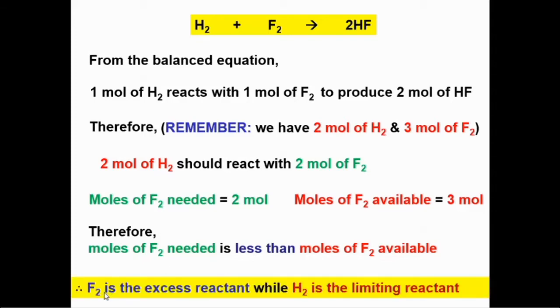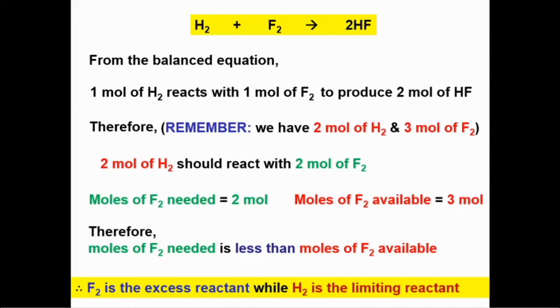So fluorine is the excess reactant, while hydrogen is the limiting reactant. At the end of the reaction, fluorine remains as the excess reactant while hydrogen is completely reacted, since hydrogen is the limiting reactant.